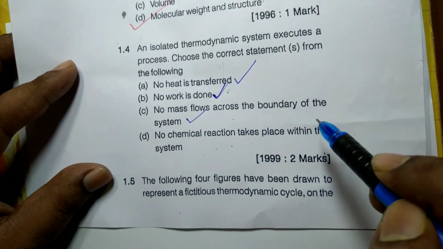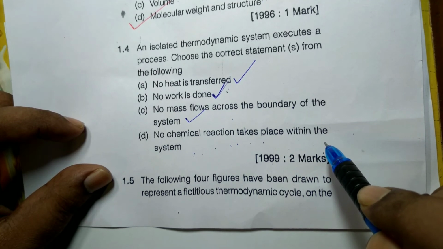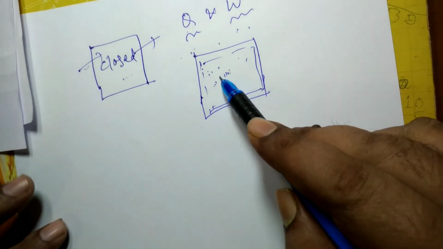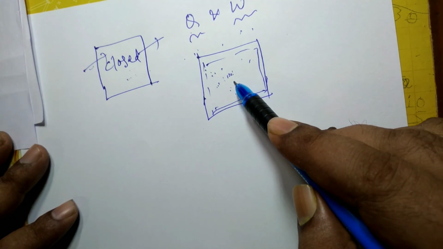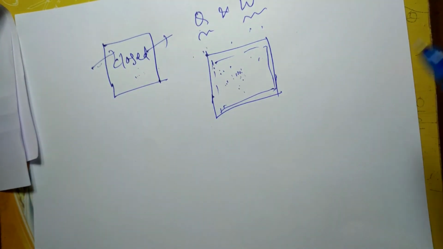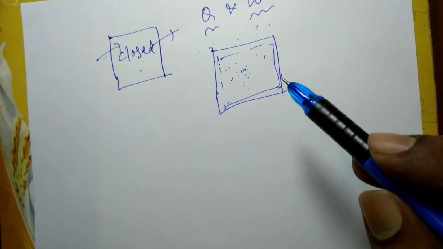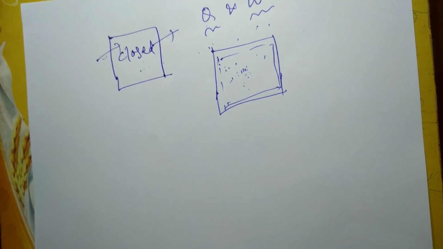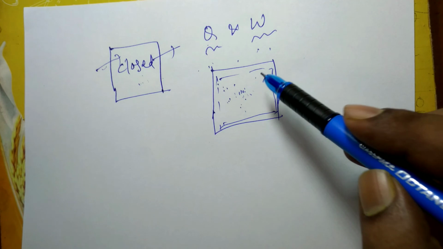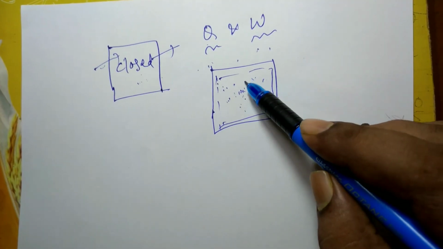Mass flows तो नहीं होगा across the boundary, mass तो जा नहीं सकता है, आ नहीं सकता है. लेकिन ये जो 4th ऑप्शन है, no chemical reaction takes place within the system, ये गलत है. केमिकल रिएक्शन हो सकता है, क्योंकि अगर कुछ केमिकल रिएक्शन अंदर होगा तो उसमें कुछ दिक्कत नहीं है, वो इनसाइड ही होगा. जैसे कि हम फास्ट क्वेश्चन सॉल्व कर रहे थे, जब इग्निशन हुआ तो अंदर प्रेशर टेम्परेचर बढ़ गया, लेकिन इंसुलेटेड और रिजिड होने के कारण एनर्जी कांस्टेंट रहा. लेकिन यहाँ हीट इंटरेक्शन नहीं हो सकता, और रिजिड होने के कारण वर्क इंटरेक्शन भी नहीं हुआ. And there it was given that no mass interaction is there, but here it is an isolated case.